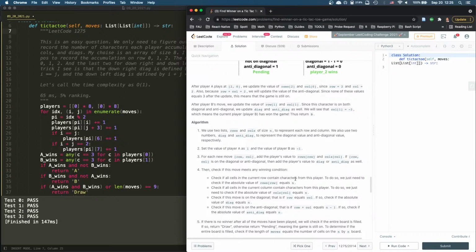Row containing, if the absolute value equals n. If all cells in the current column, now you do it at the end.